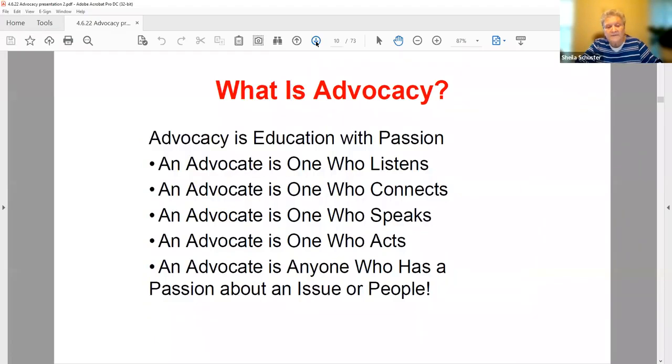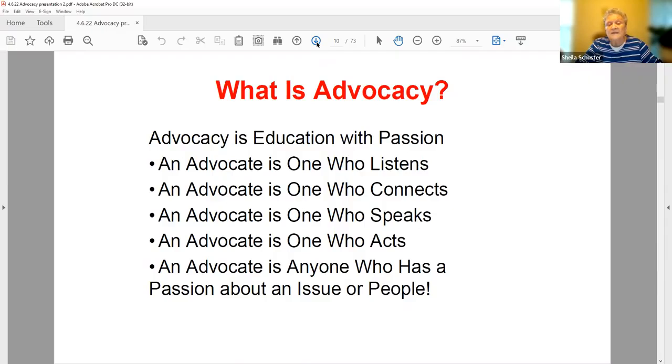So this is the Schuster definition of advocacy, and I call it education with passion. I can't see you all, but I know that you're here because you have a passion around substance use disorders and around trying to get recovery to people and trying to do prevention work and trying to keep our communities healthy and away from the scourge of opioids, fentanyl, heroin, and so forth. So you have a passion about that. You probably have passions about other things that are affected by public policy.